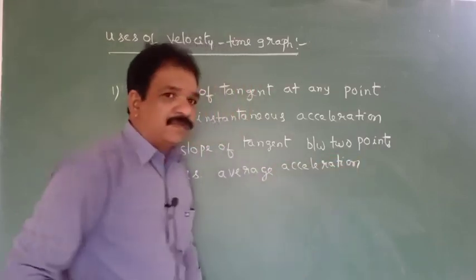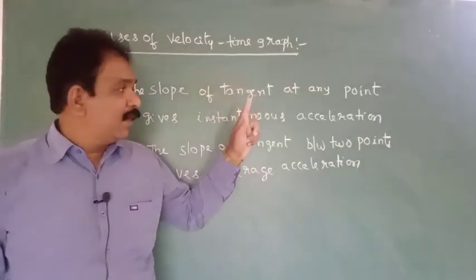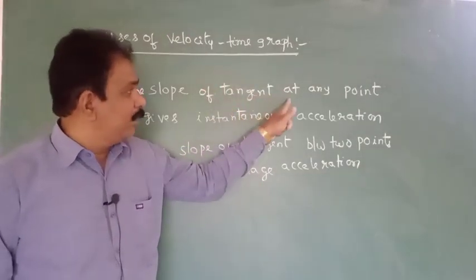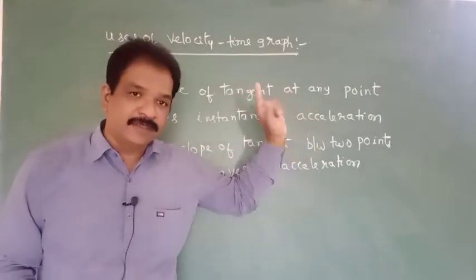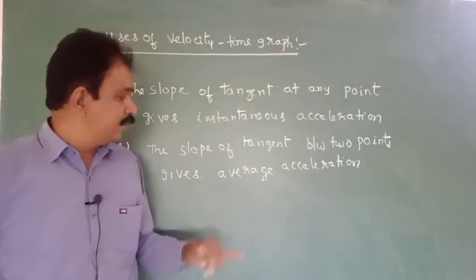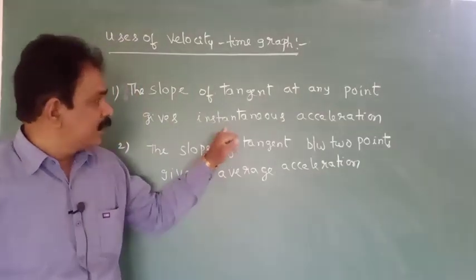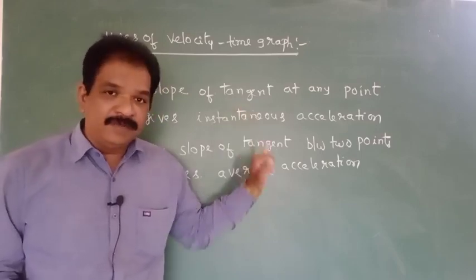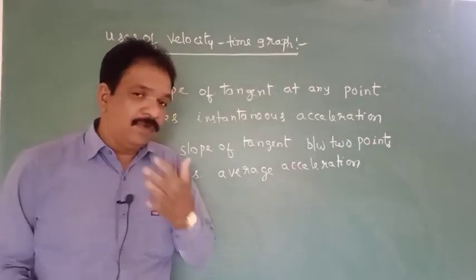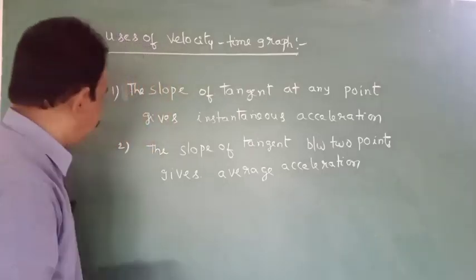In the previous one, what did we get? The slope of the tangent at any point gives instantaneous velocity in a displacement time graph. Here it will be instantaneous acceleration. There it will be average velocity. Here it will be average acceleration.